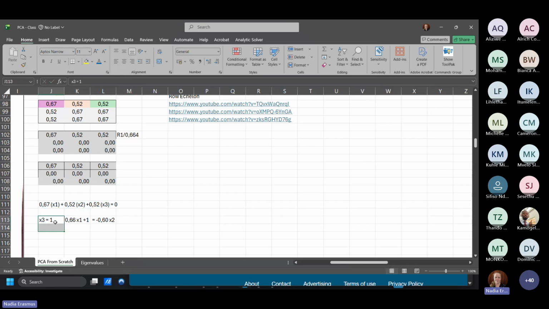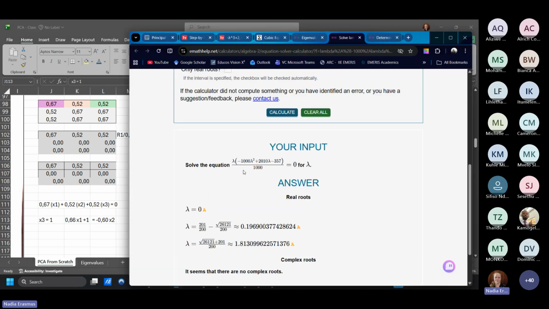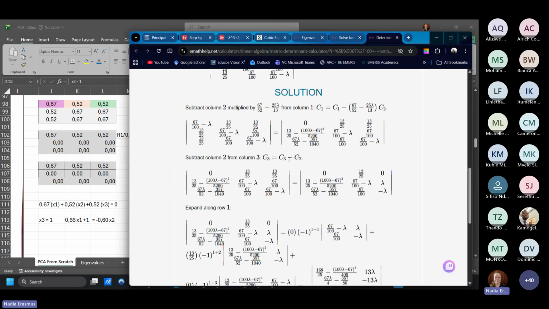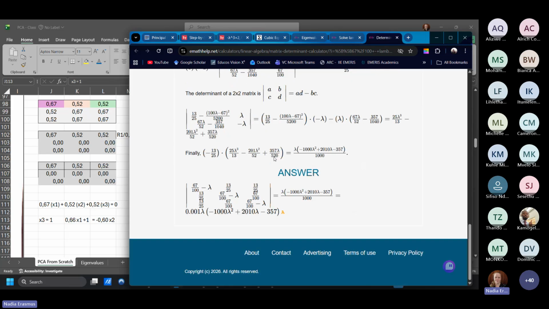And then you can calculate. If x1 is 0, then you calculate x2 and x3. This is the part where it becomes complicated and where I will let you use the vector solutions.